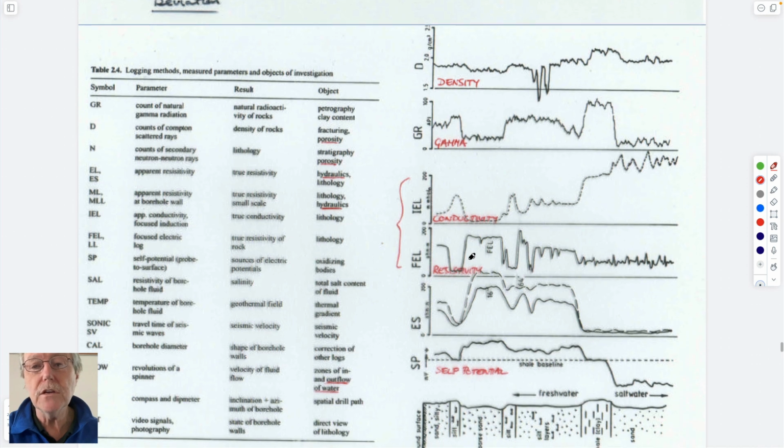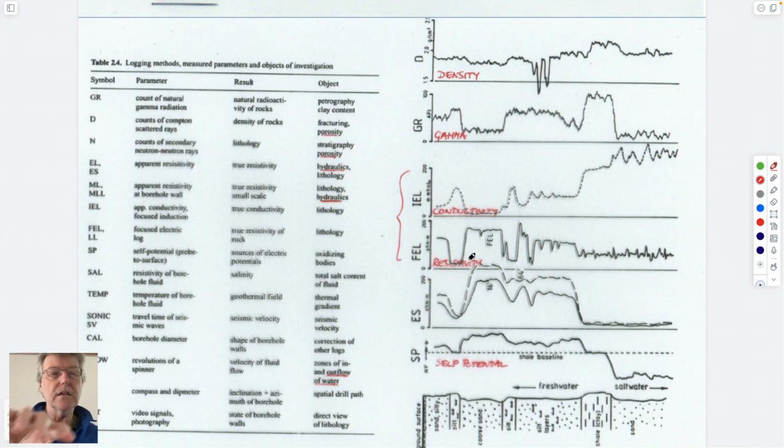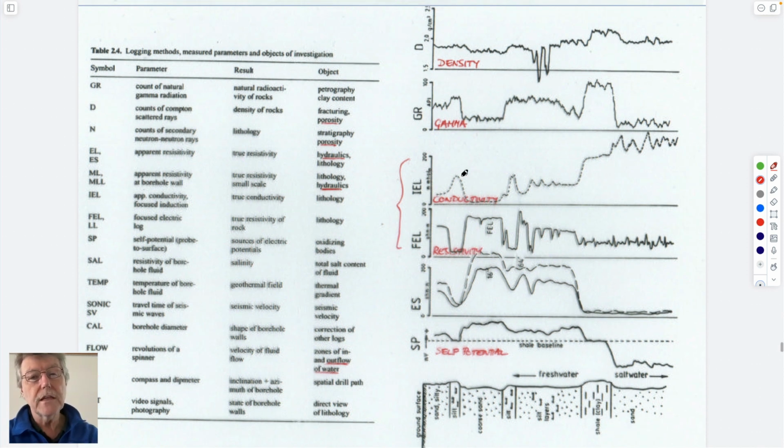And so by measuring these, you have to imagine these things on their side, so the long axis is the depth, and the magnitude that you're measuring is the magnitude as you go down the depth. So if you use a density log or a gamma log to measure the natural radioactivity, the electrical conductivity, electrical resistivity, which is just the reciprocal of electrical conductivity, self-potential, it doesn't matter, then at a particular depth you'd have all of these particular signals.